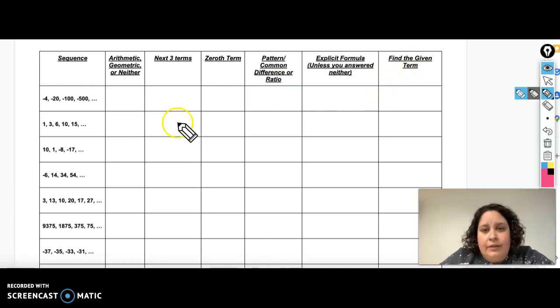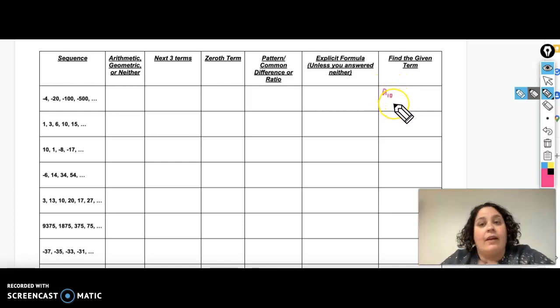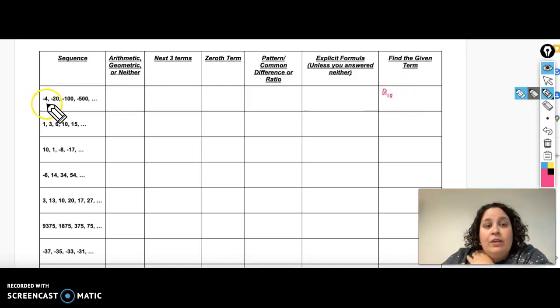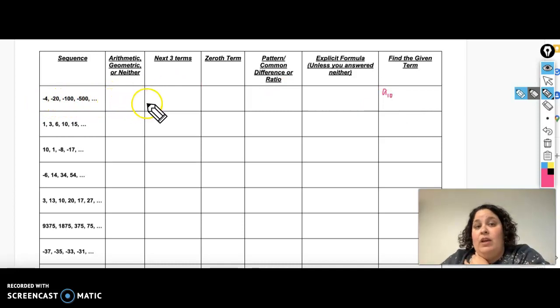So on here, there's a couple different things we're going to do. First and foremost, on this given term, there will be something here that says like a to the 10th power. This is basically telling us that we need to find the 10th term. So again, we could sit here and just keep going until we get to the 10th term.